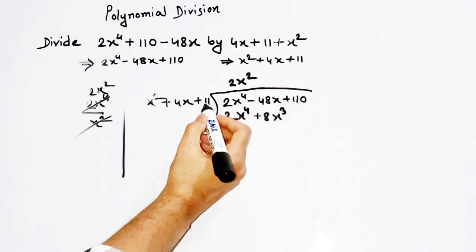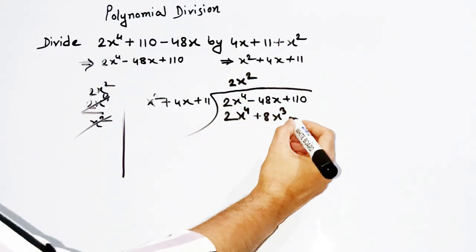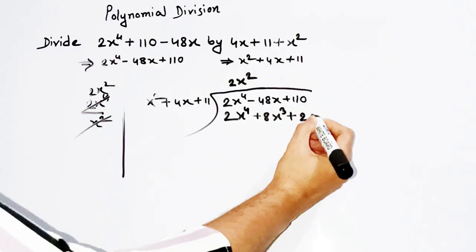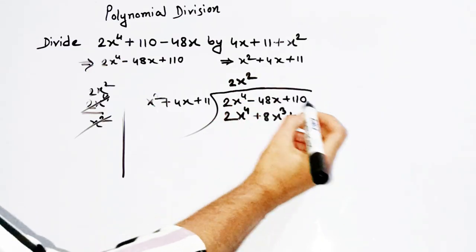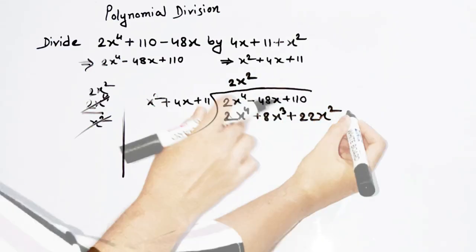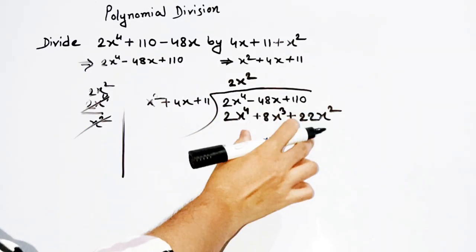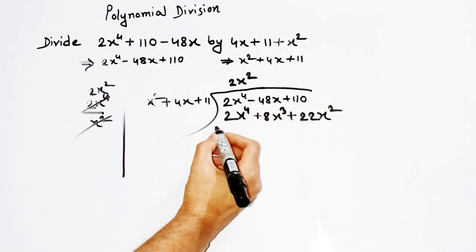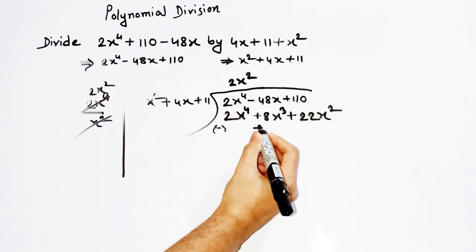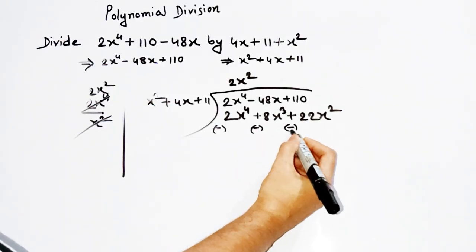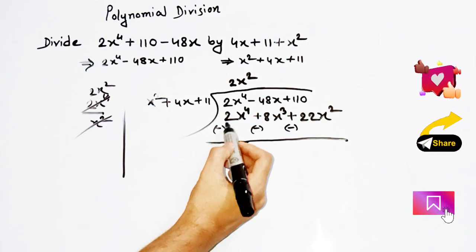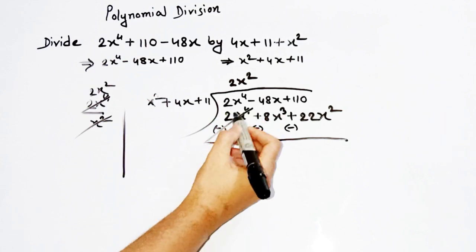Now 11 times 2 equals plus 22 x square. As we subtract, we have to change the signs of the bottom line. Positive becomes negative, positive becomes negative, positive becomes negative. Positive 2x to the power 4, negative 2x to the power 4 gone off.